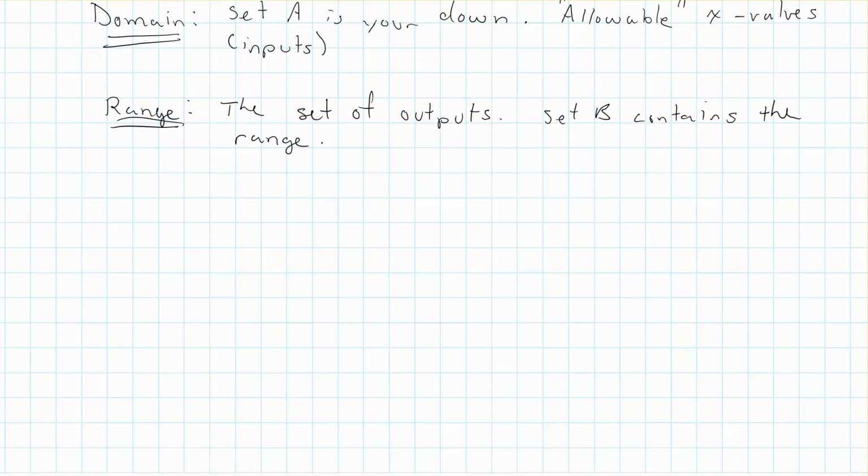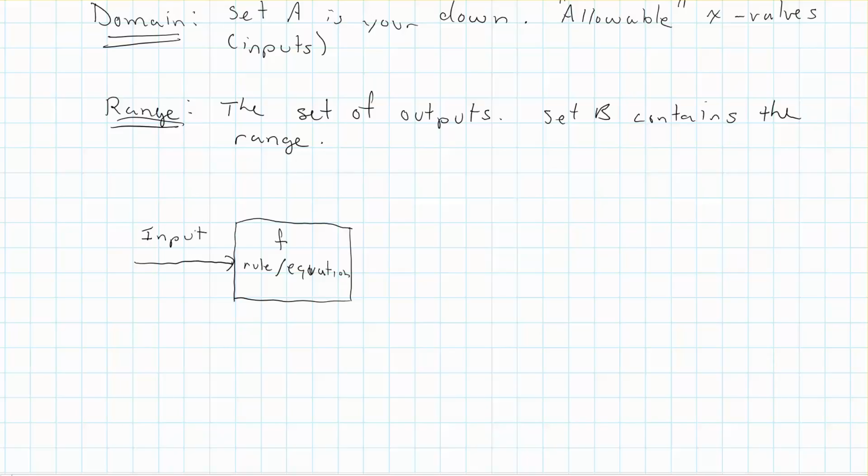But what we're going to look at right now about thinking about functions is I like to think of them, I call them boxes, a function box. So I'm just going to draw a little box here, and this is going to be my function box f. Now this is going to be a rule or like an equation. And what this is going to do is it's going to tell me what it needs to do to the input. So basically something that comes into a function is my input, and these are my x values.